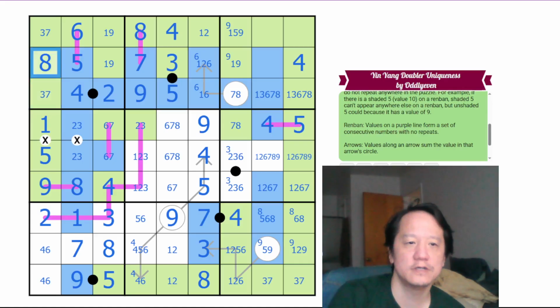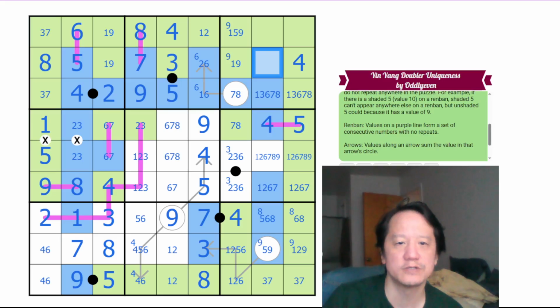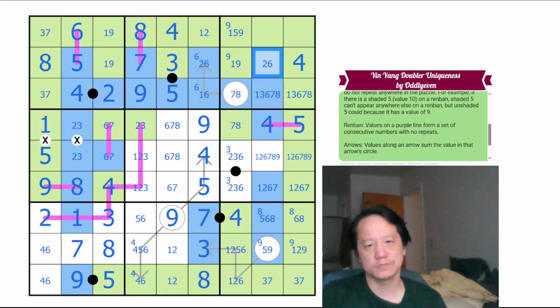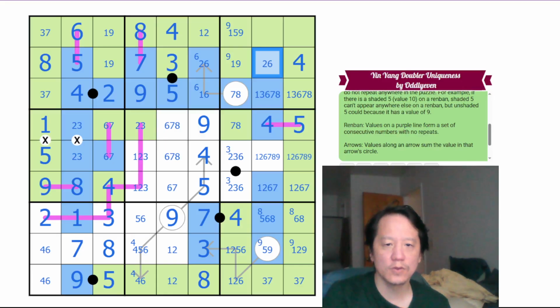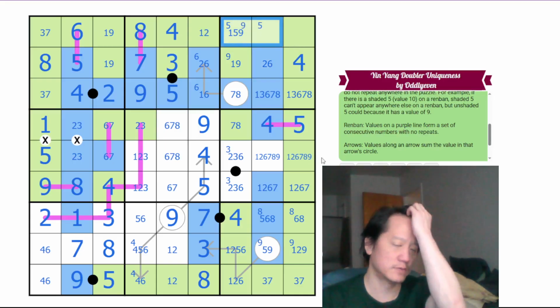No 8 here. We have a 1, 9, 1, 9 pair in row 2, which eliminates 1 and 9 in the rest of the row. So that's 2 and 6 there. 5 has to be one of these 2 digits here.